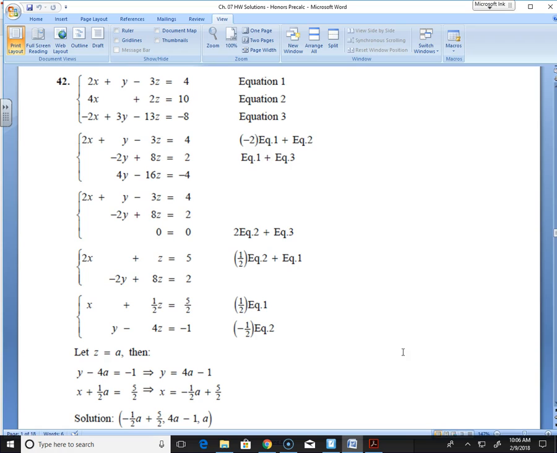The system, if we had done our system, we would have taken the first two. Multiplied this guy by negative 2x, which would have been, this doesn't show all the steps, right? So it's kind of hard to figure out where your mistake might have come. So that would have been negative 4x minus 2y plus 6z equals negative 8.